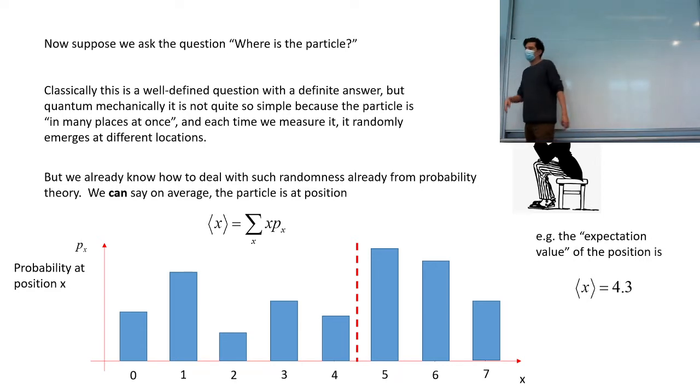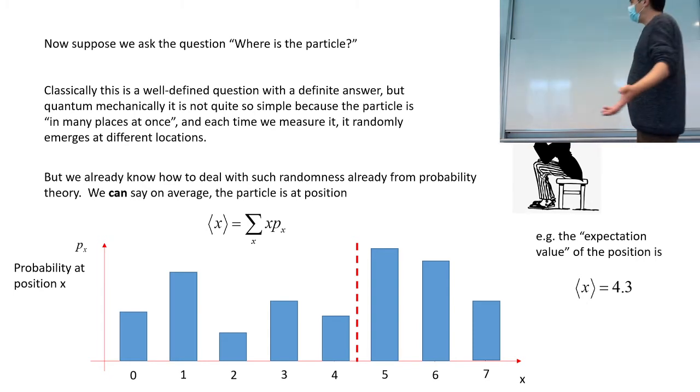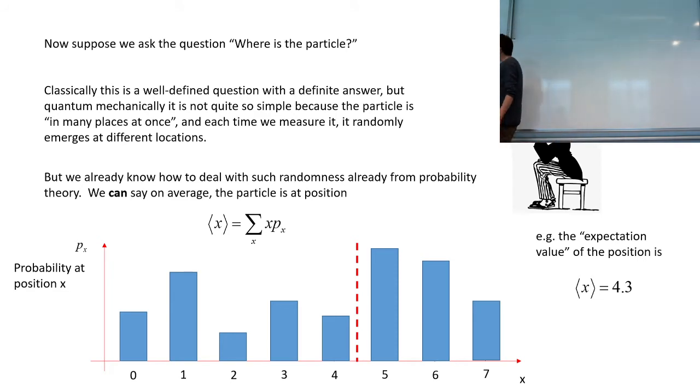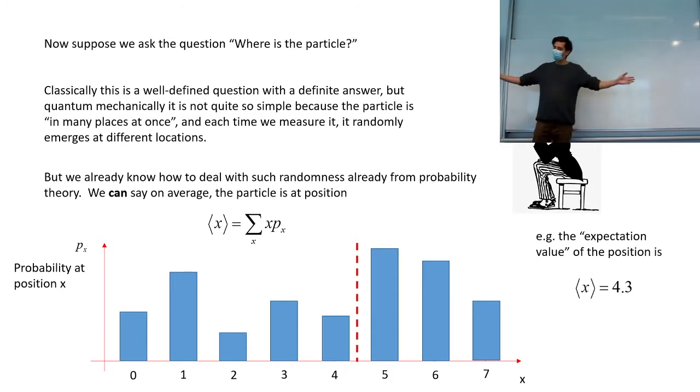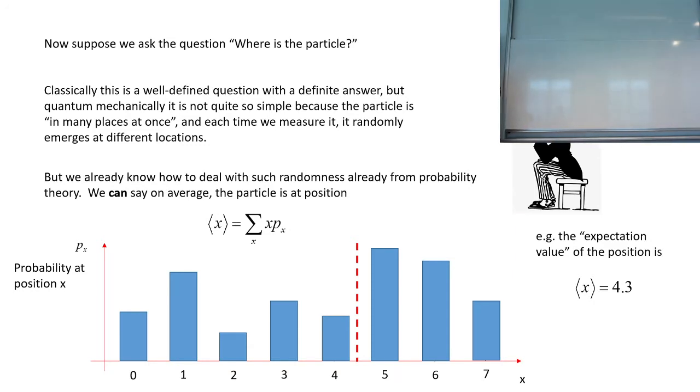So even though it's random, we can do stuff that we're used to from probability theory and start talking about, okay, we all know it's random, but I can tell you that on average, because I've lined the boxes all in a line, on average, it's at this position, 4.3, because you can take an average of this. They're all in a line so that, on average, it's actually about here.